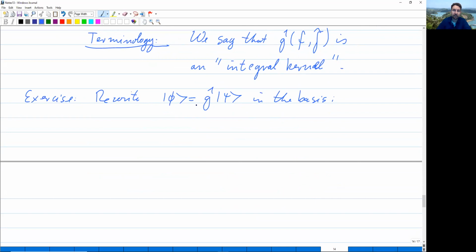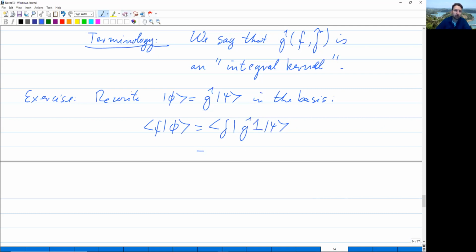Well, we have this, and let's apply, first of all, a basis vector from the left so that we get a number-valued equation. So then we get f, some eigenvector of our operator f hat, phi, is equal to f g hat psi. And as we did before, we put the resolution of the identity here.